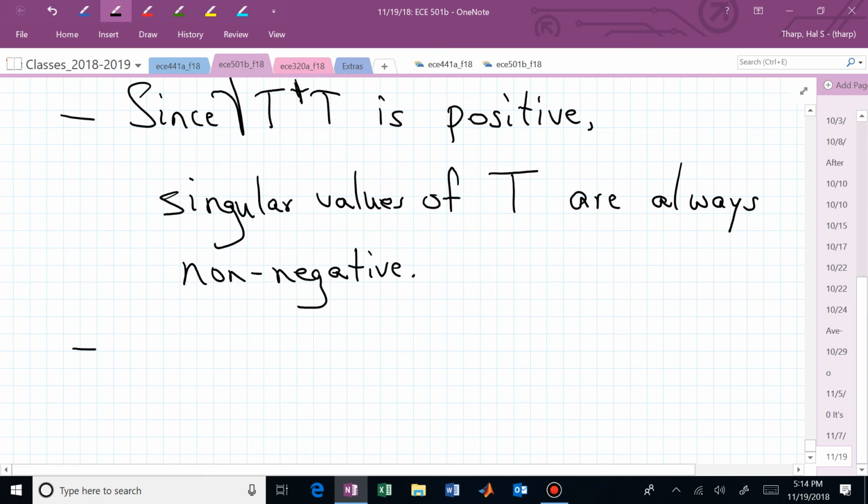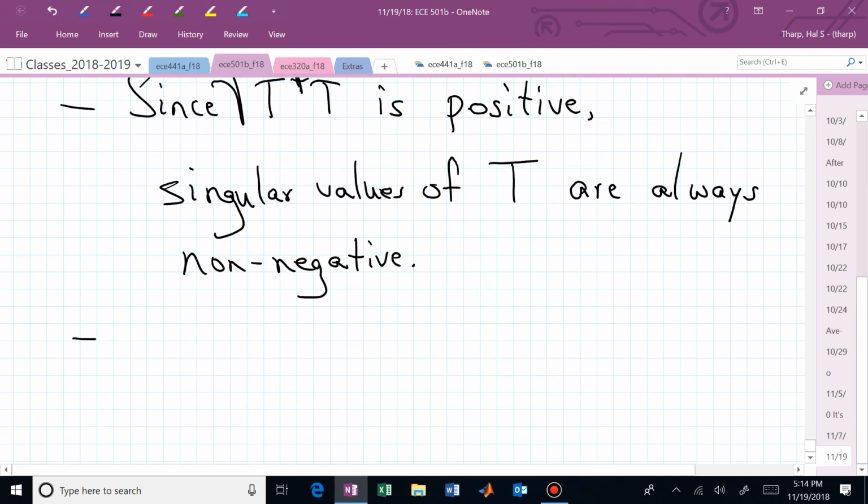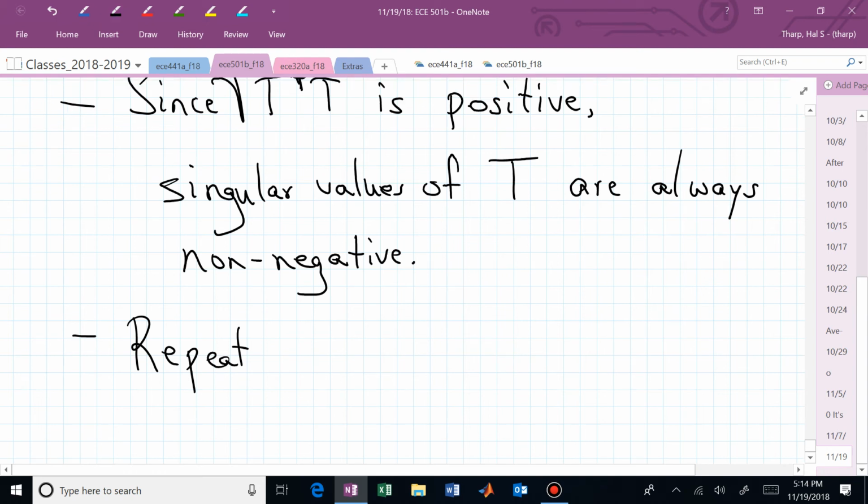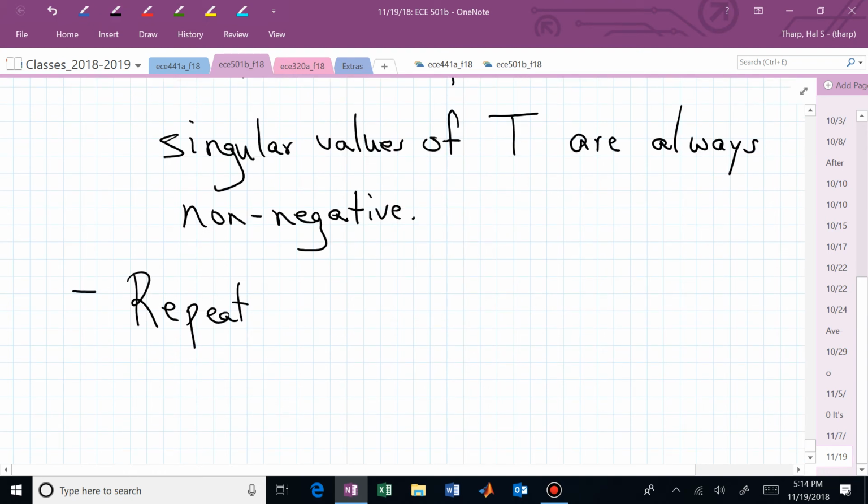We also want to make one more comment, that these singular values can be repeated.